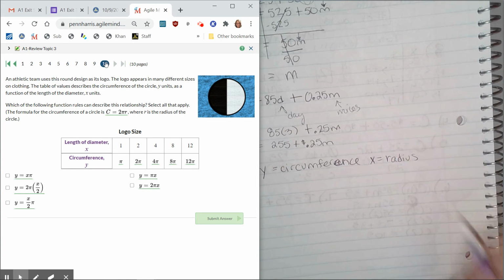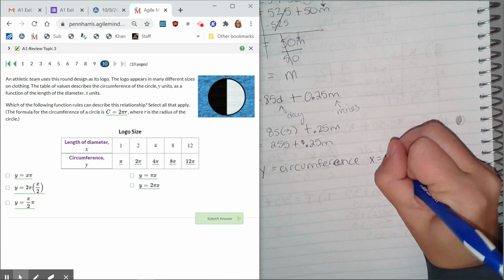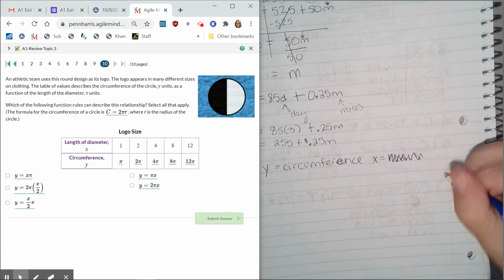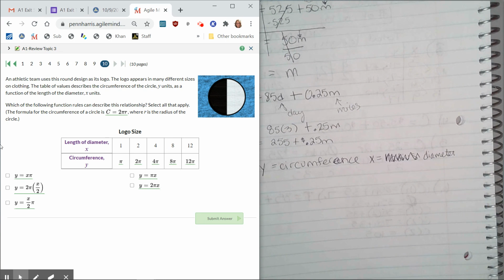Now, there's something maybe you guys remember about the radius. See, now I messed things up. The X stands for the diameter. But the problem is that in my formula, they're giving me R for radius. Is there anything that we can think of with diameter compared to radius of a circle?